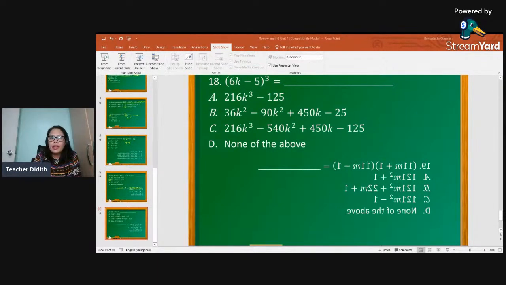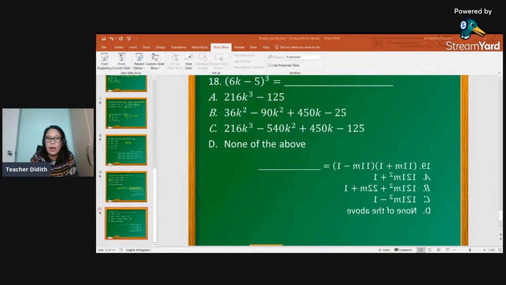So for number 18, again, it's the cube of binomial. So the cube of 6k is 216k cube. And then this is minus. So minus yung middle term natin. Okay. So this is 3 times the square of 6. So the square of 6 is 36 times 3 times 5. So basically 36 times 15.